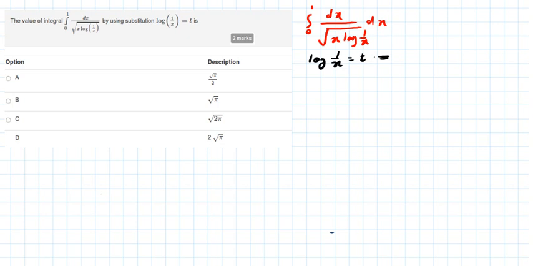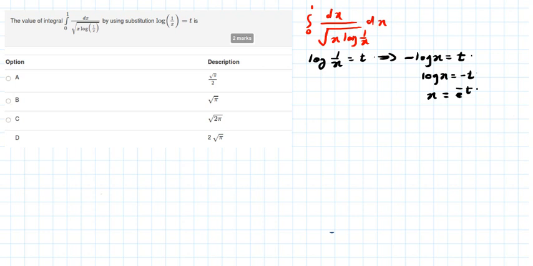Log of 1 by x is nothing but minus log x equal to t, that is log x equals minus t. Taking the exponential on both sides, x is equal to e raised to minus t. So I got the value for x.